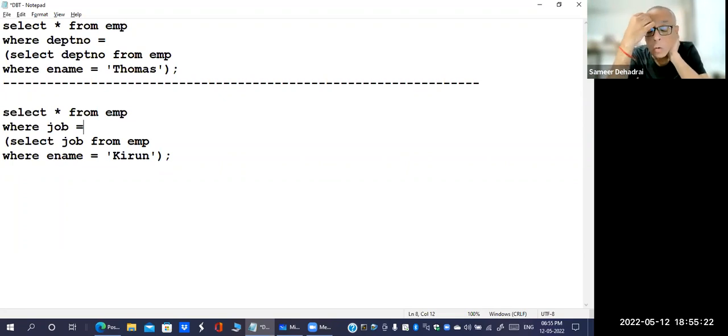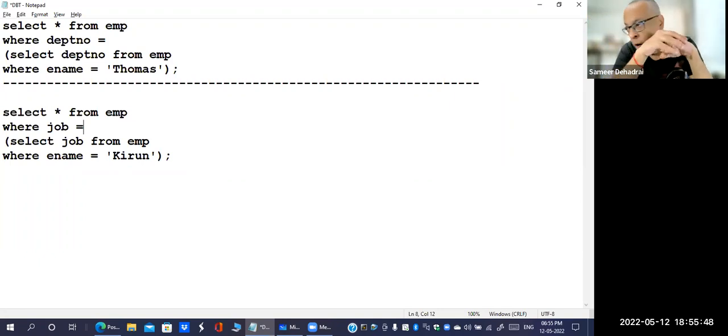Then I will show you how to solve the same problem in MySQL. And if you compare MySQL with Oracle, you'll observe that Oracle is more efficient. MySQL requires one extra select statement. And you are aware that the more the number of select statements, the slower it will be.